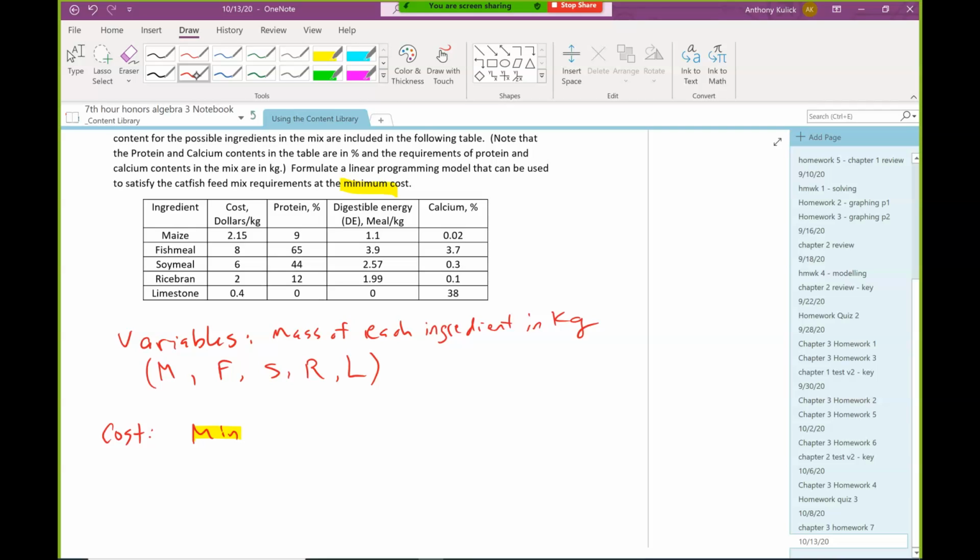Amy? Good. And she got those numbers just by looking at the cost column from our table. You guys okay with that?